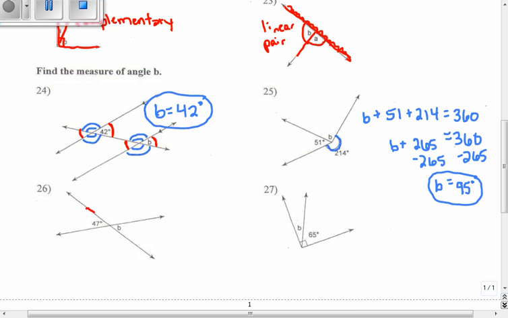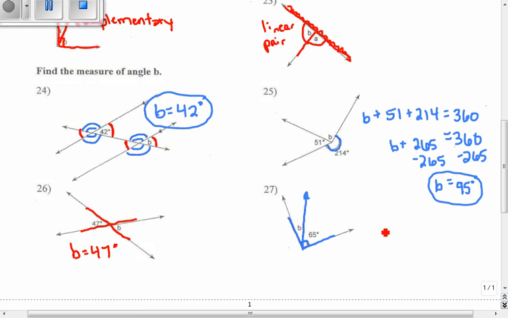Okay, what kinds of angles do we have in problem 26? Vertical. And vertical angles are always congruent. So B is equal to 47 degrees. All right, they form a what? A right angle, so they are complementary.